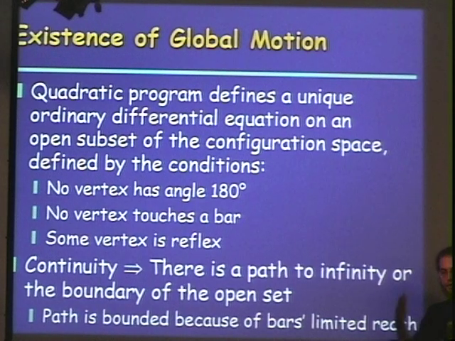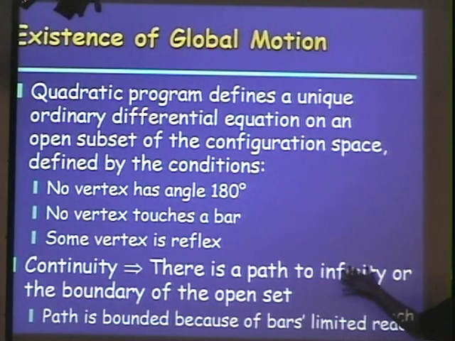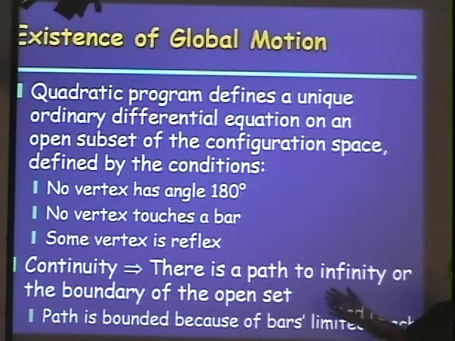And because this set of good configurations where you always know which way to go is a nice, happy, open set. Happy is not the technical term, but it's sufficiently continuous and, well, sufficiently compact and whatnot. Maybe you just need openness. And because it's continuous, if you define it in the right way, general theorems in ordinary differential equations tell you there is a motion. And that's it.